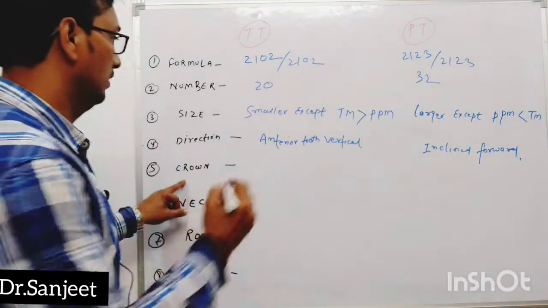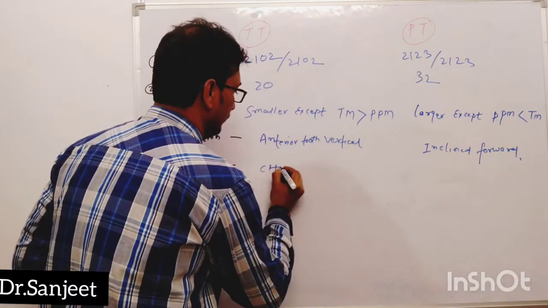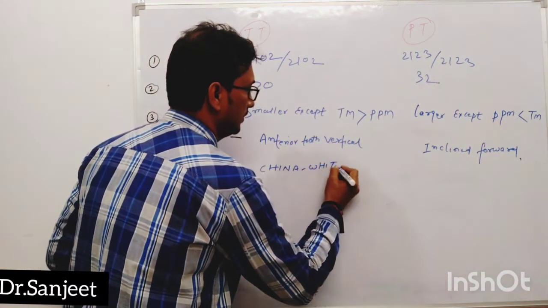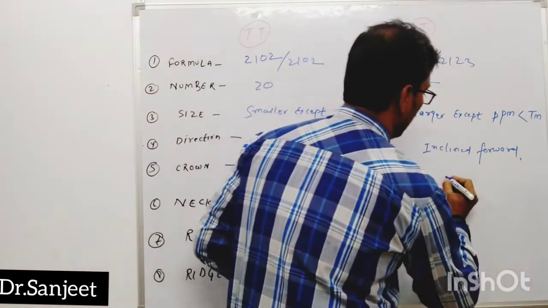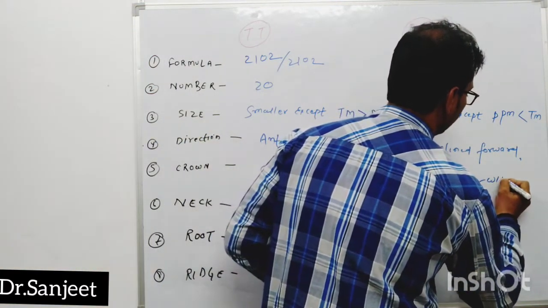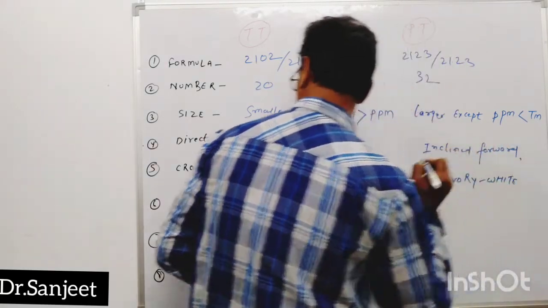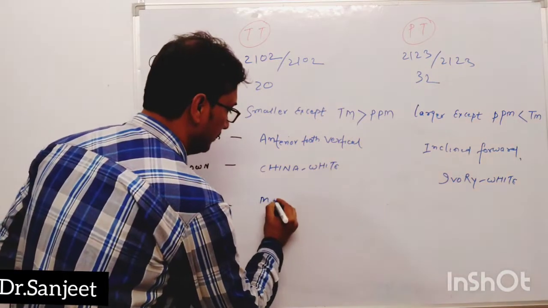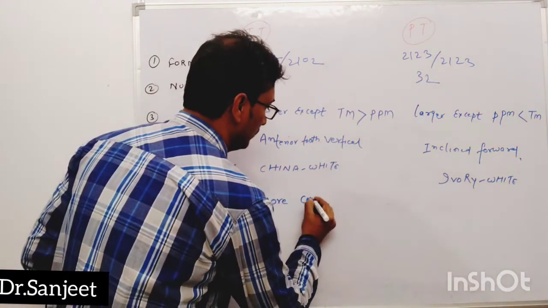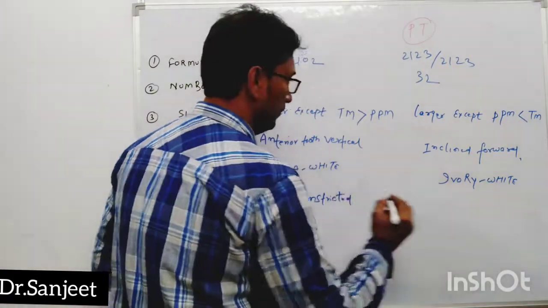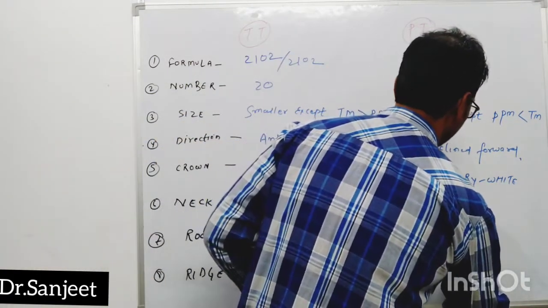Then crown, china white in color, and this is ivory white. Then neck, more constricted, and in the permanent tooth the neck is less constricted.